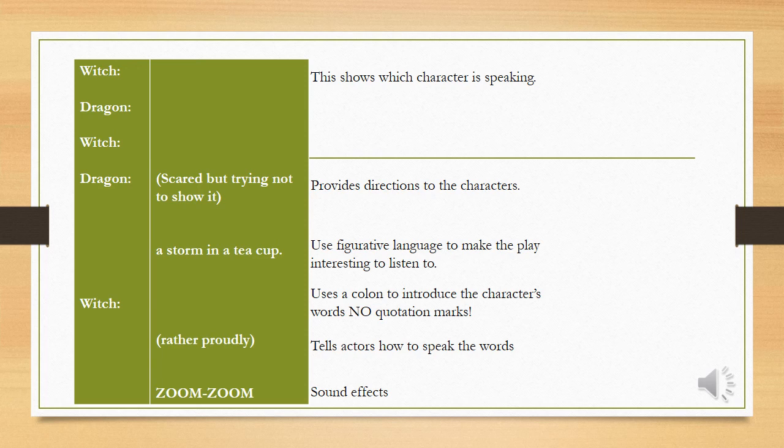And then there I said use a colon to introduce the character's words. There are no quotation marks. And then the next one, rather proudly, tells actors how to speak the words. And then zoom zoom is just a sound effect. These are all things you need to incorporate in your dialogue.